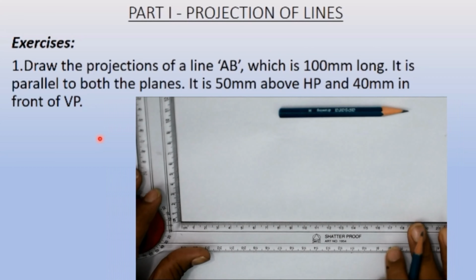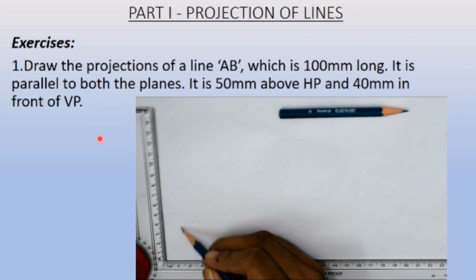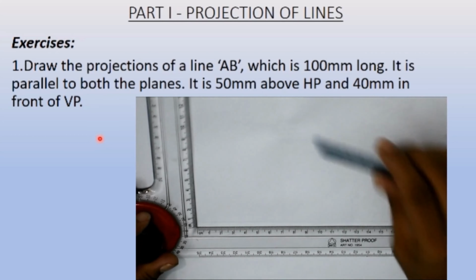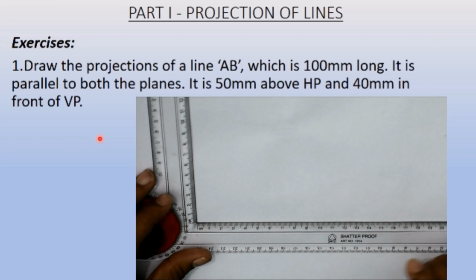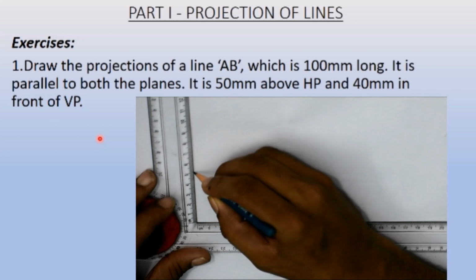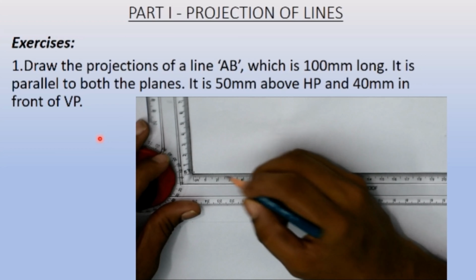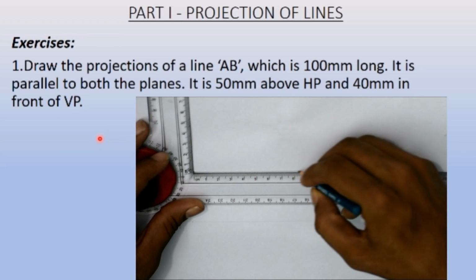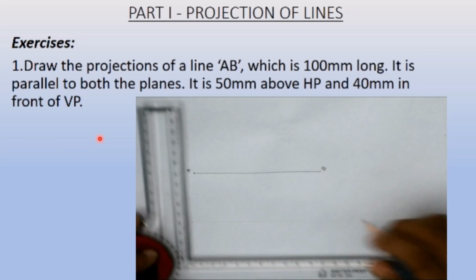I will first start by drawing the XY line. This is our XY line. As I have said, the line AB is 50 mm above HP. So I have to take a distance of 50 mm above. Say this is the end A and this is the end B.